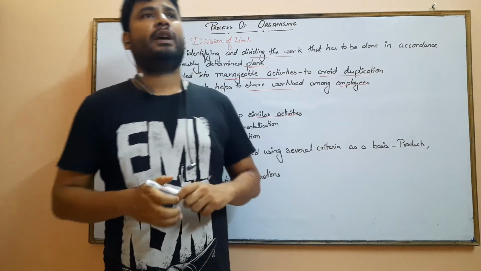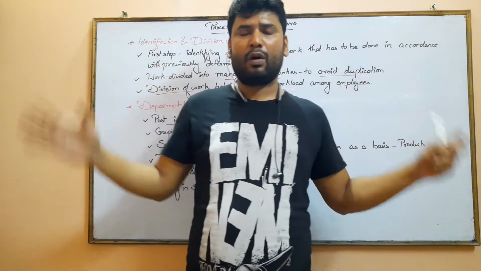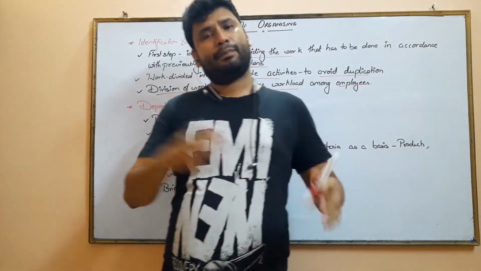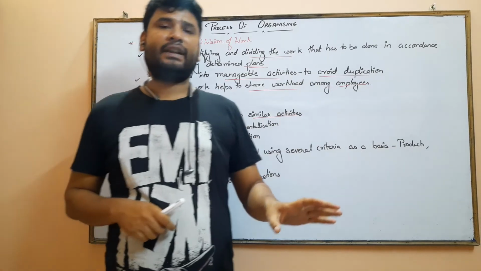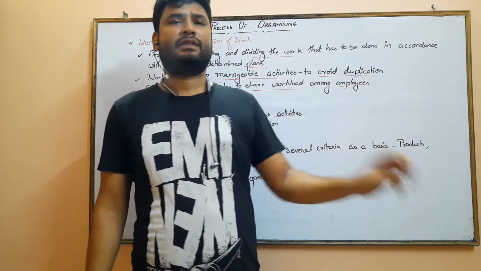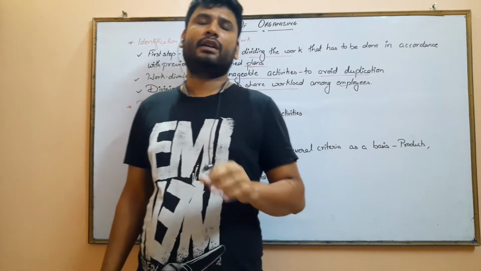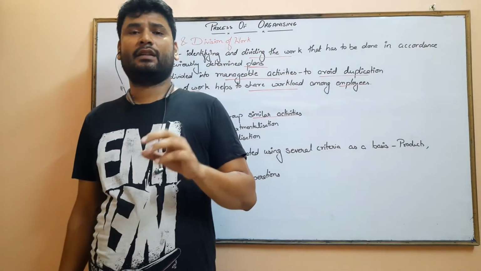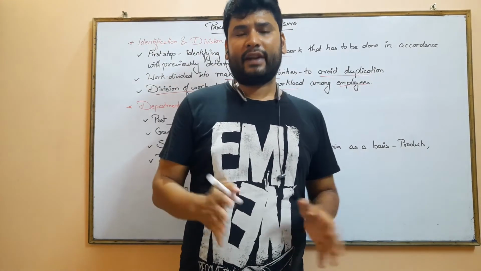For example, employees A, B, and C are working for production. So I can deploy all those people in a production department. Okay. In the same way, a particular person is taking care of the petty cash. Some people are taking care of the banking functions. Some people are taking care of the finance, the accounts department of the organization. So those people can be brought together in a finance department.